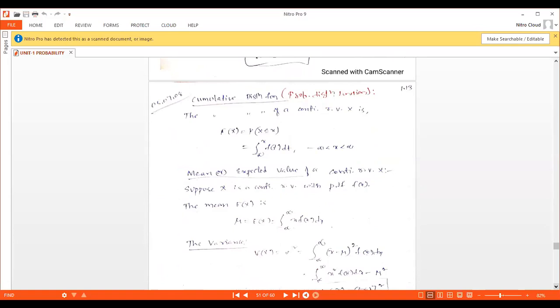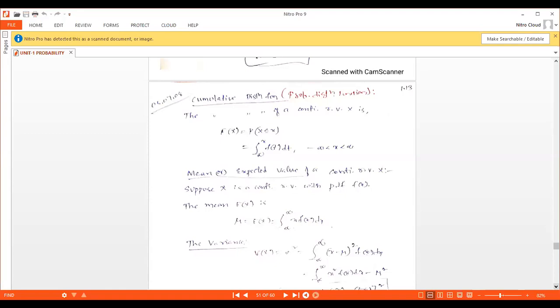Right. Cumulative distribution function for continuous random variable. Cumulative distribution function of a continuous random variable x is capital F of x, that is equal to probability of x less than or equal to x. And the value is given by integration minus infinity to x f of t dt, where x lies between minus infinity to infinity.